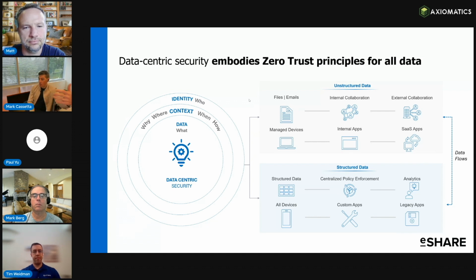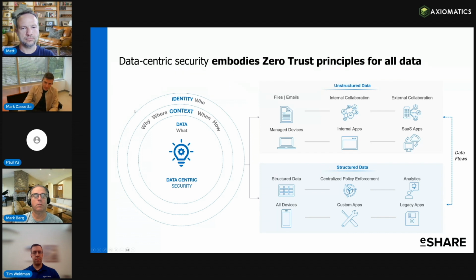And then we have to make sure that the people who are accessing that data are in fact the right people. And data-centric security isn't just a foundation for unstructured data, but also for structured data. So whether you're looking at solving this for structured or unstructured data, it applies in both scenarios.